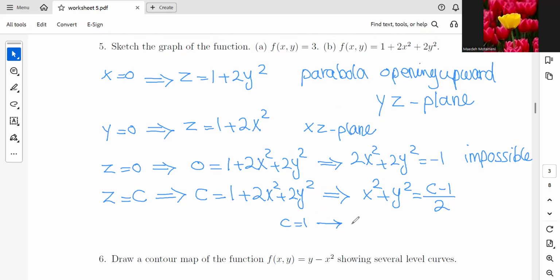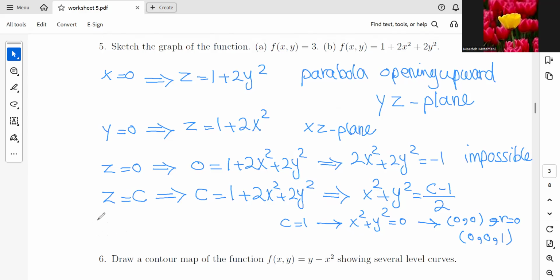It means that x squared plus y squared will be 0, which will be our starting point because this is a circle with center 0, 0 and radius 0. It means a point. And that point will be 0, 0, and 1 because c is 1 here and c is a number replacing z here.